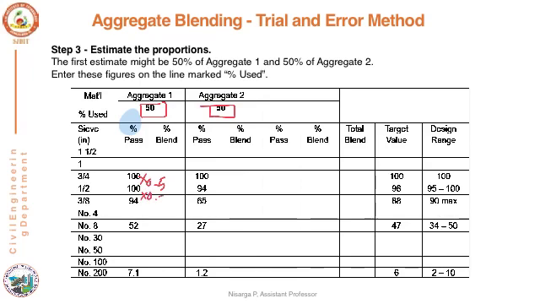Here also multiply it with 0.5. We have to multiply the entire percentage pass column by 0.5. And similarly, to get the percentage blend for aggregate 2, all the values under the percentage pass for aggregate 2 also need to be multiplied by 0.5. So why 0.5? We have taken 50% each for aggregates 1 and 2 individually, and if we convert 50% to a decimal value, we get 0.5.